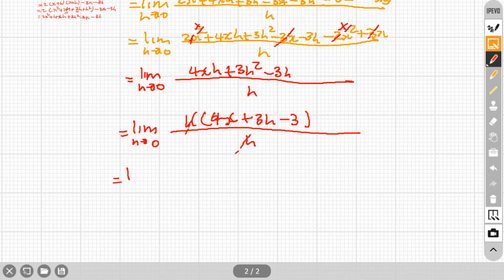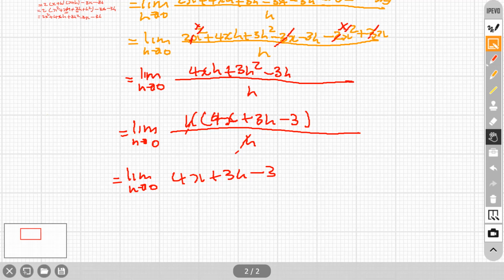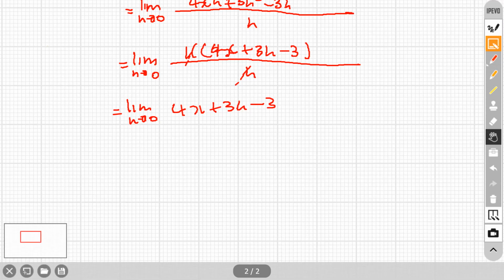Then we get lim h approaching 0 of 4x plus 2h minus 3. Then what did I say about when everything is simplified? This is when you lose your lim. You lose your lim and substitute 0 for h.